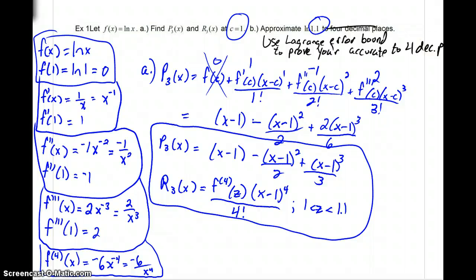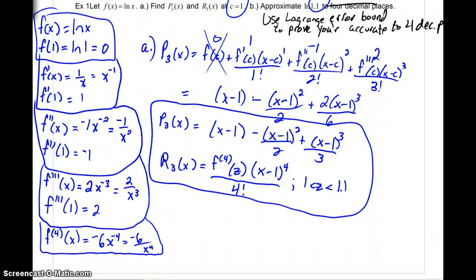What about part B? Well, part B, we're asked to approximate the natural log of 1.1. So we're going to say p sub 3 of 1.1. And again, what are we going to do? Essentially, we're just going to plug in a 1.1 into our function up above.